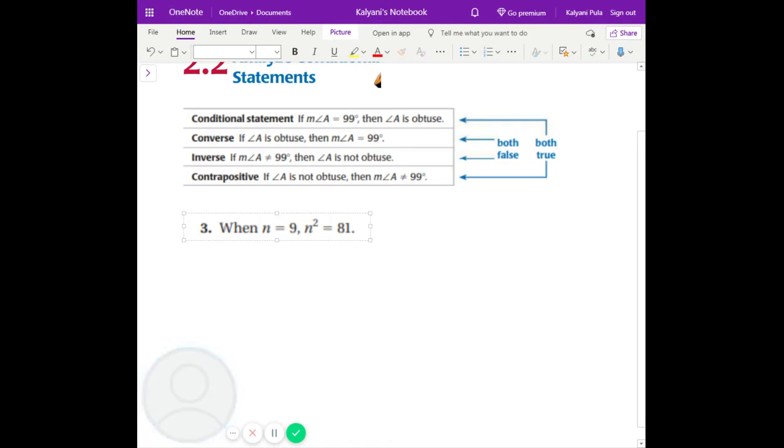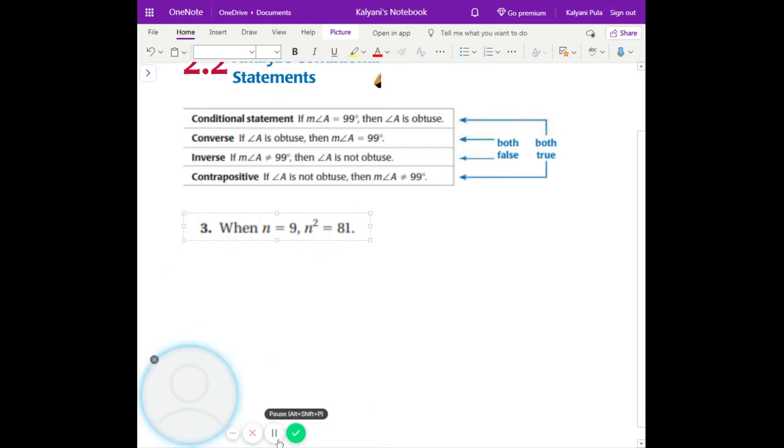Then write down the converse for this, and then the inverse, and then the contrapositive. Okay, write those down, and then I'll ask you and you can answer me.